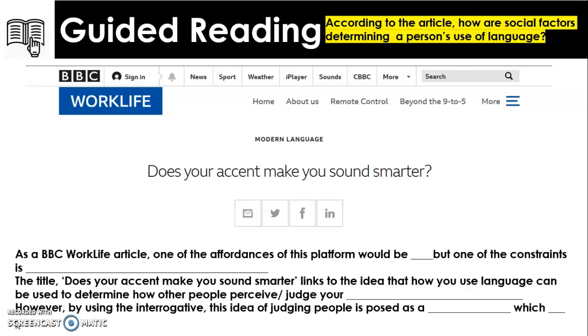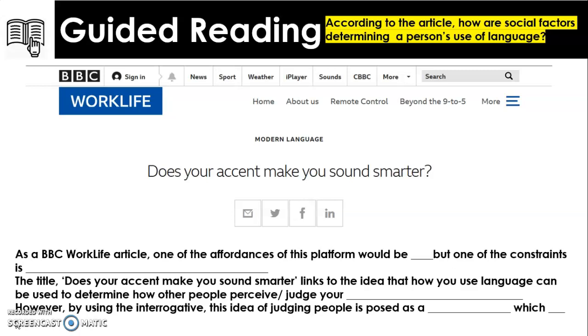Okay, other things that you might have picked up on. Okay, so we've got the you and the your. Now, quick little reminder, you and your can be easily confused. Okay, one of these is a pronoun, one is a determiner. Okay, so a pronoun replaces a noun. Okay, and you is the pronoun. Okay, it's being used here to target the reader, to address the reader, using that kind of second person pronoun you.